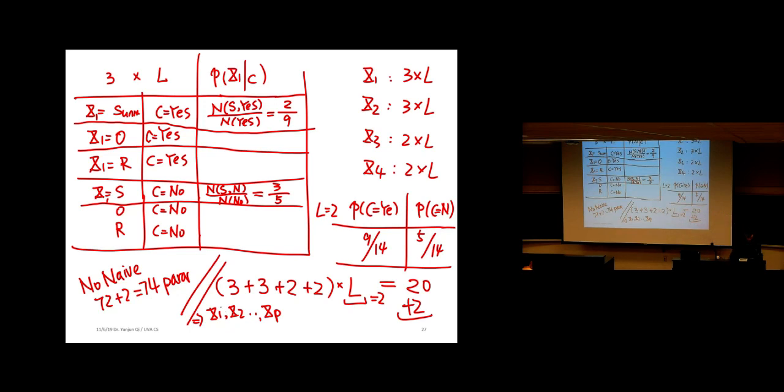So this gives me 2pL. And this is versus 2 to the p times L in the non-naive case, right? And you can tell there's a reason why we need the naive assumption.